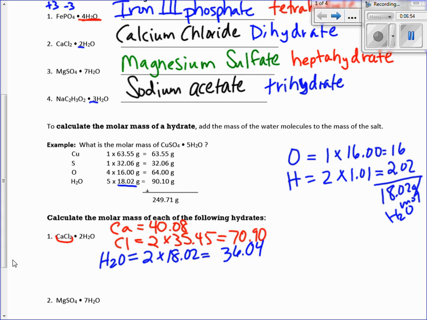Now all you have to do is take your calcium amount, your chlorines amount, and your water amounts and add them up. What do we get? What's that total?